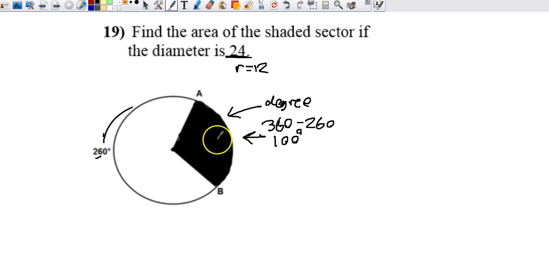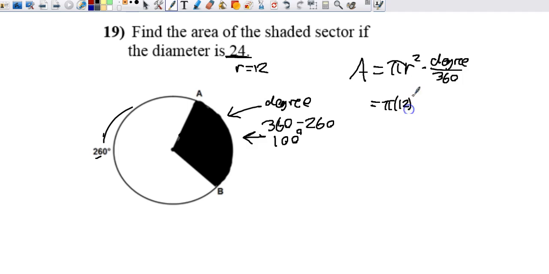So once you know that's 100 degrees, use the area of a sector of a circle, which is the area of a circle, pi r squared, times degree over 360. So pi r squared, r is 12. Degree is 100. Don't use 260.